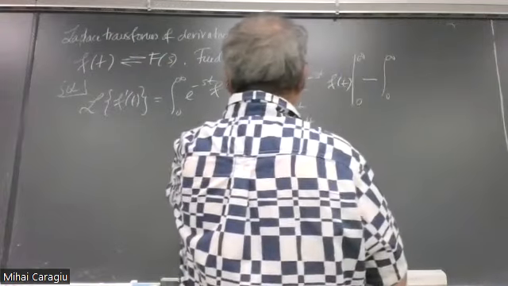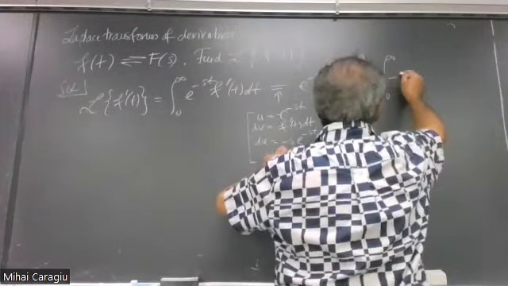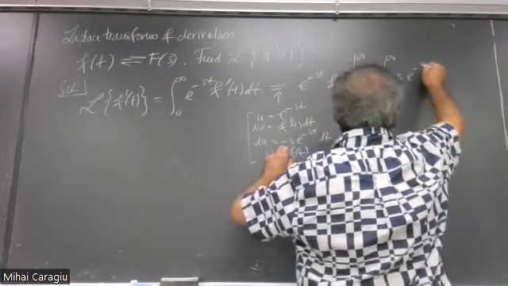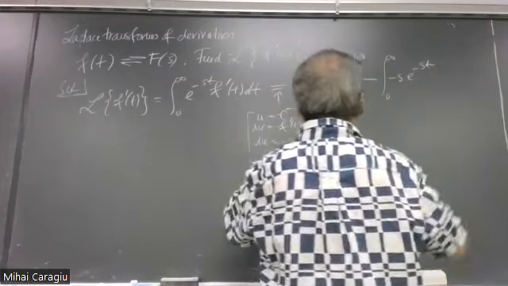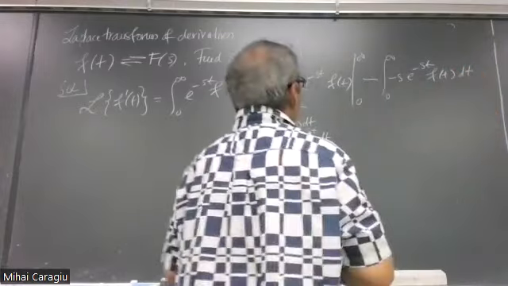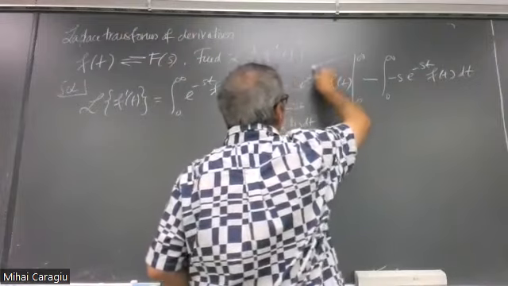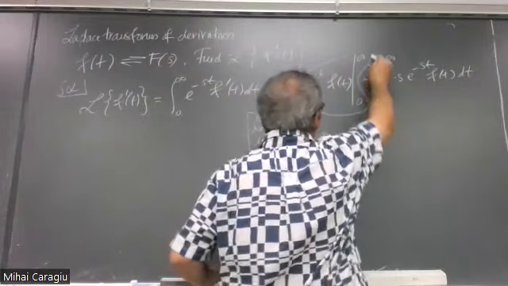So we get du is minus s e to the minus st, and v is f of t, dt. Okay. We'll come back to that integral, but let's first concentrate on this difference.